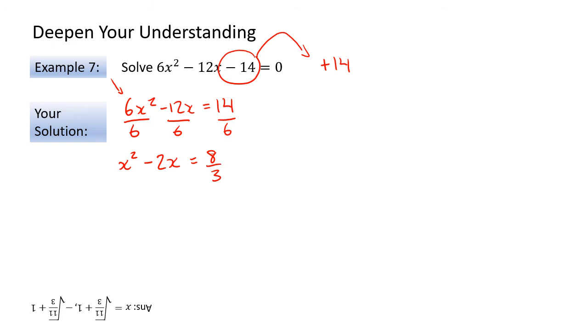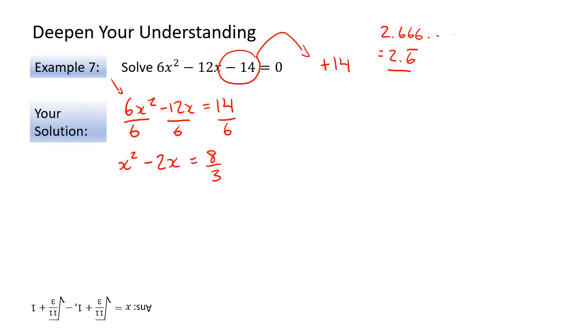I don't like carrying these as repeating decimals. It makes it more difficult to do the math, because 8 divided by 3 is actually 2.666 as a repeating decimal, which would be 2.6 bar. I don't like showing it that way. 8 over 3 is a much simpler term to carry through.